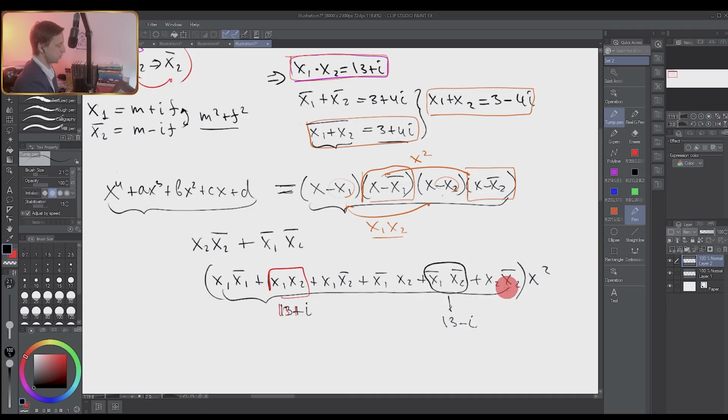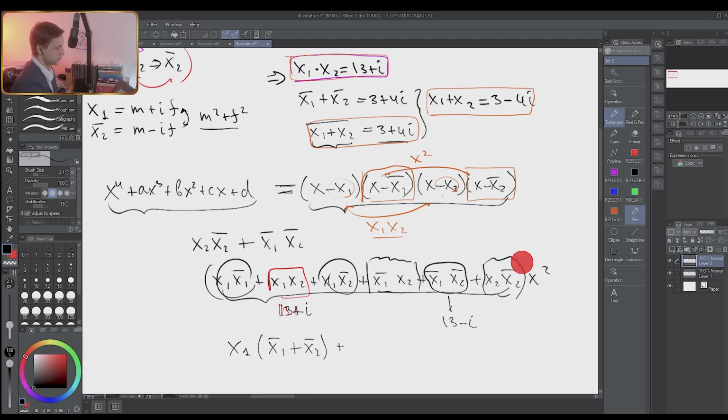And what can we tell about the others? With others, we can simply group them. For example, we group this one, and x1 stays in front, and in the parentheses we get x1 conjugate plus x2 conjugate. And we grouped two of these here, and let's also group two of these.